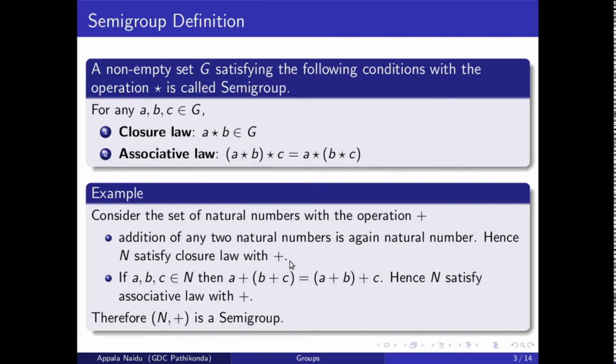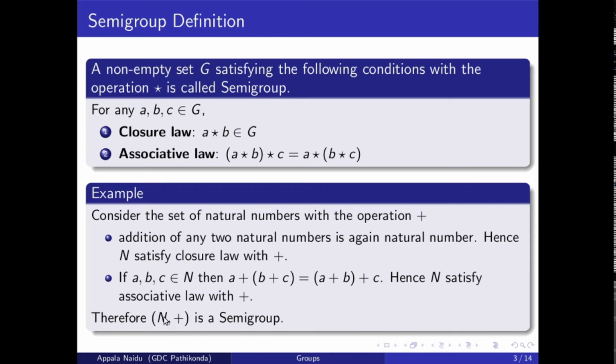In another way, plus is a binary operation on N. That is, take any two elements in N, a plus b, the addition of those two elements, is also in N. If you take three elements a, b, c in N, then (a plus b) plus c is again a plus (b plus c).